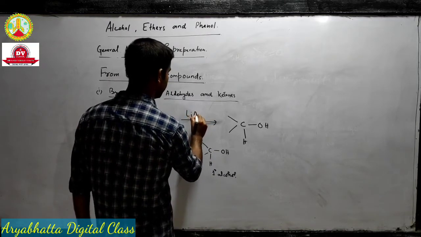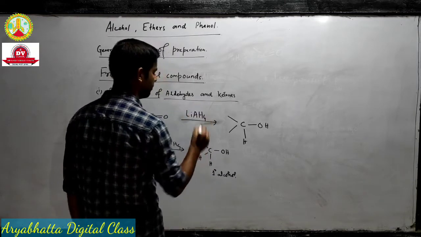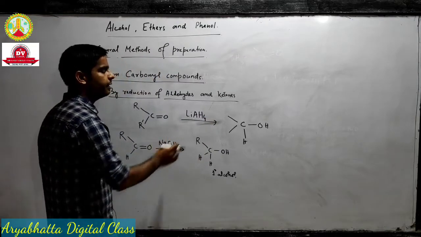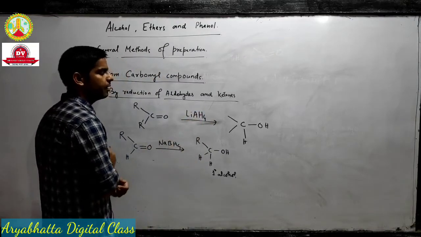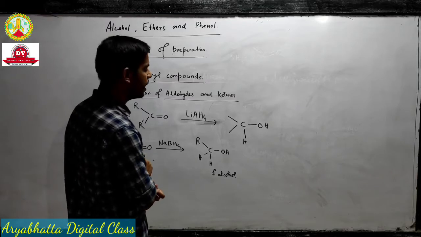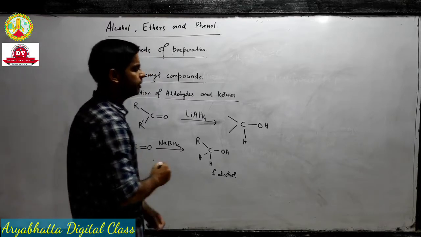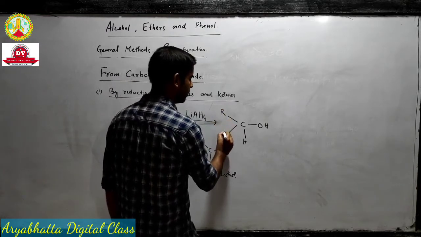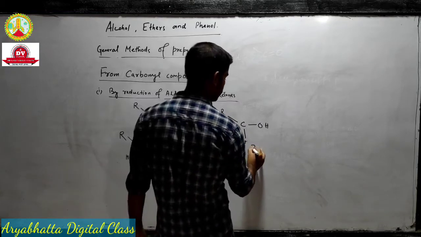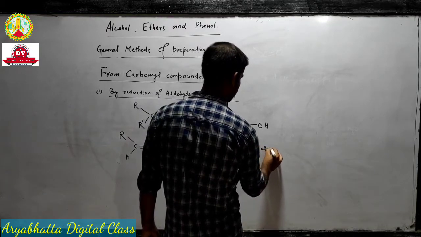Let's take lithium aluminum hydride this time, instead of sodium borohydride, and we know lithium aluminum hydride is another very good reducing agent. So we will get this product, that means a 2 degree alcohol.